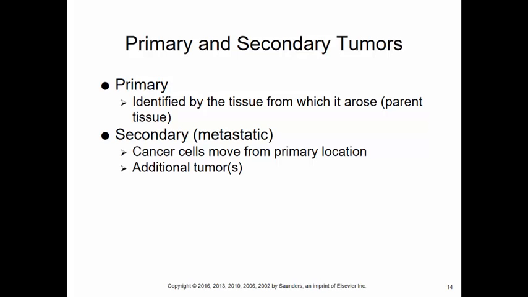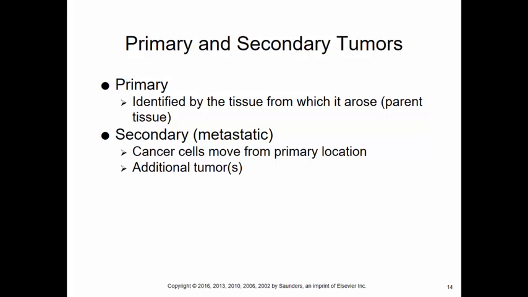Depending on where that primary tumor is, it could have a huge effect or it could have not much of an effect. For example, a primary breast tumor doesn't really have a huge effect on the function of the body because the breasts don't perform any life-sustaining functions. So it's just not vital.